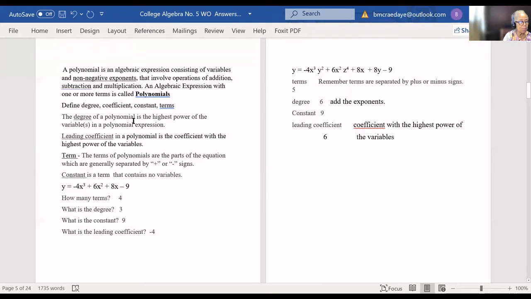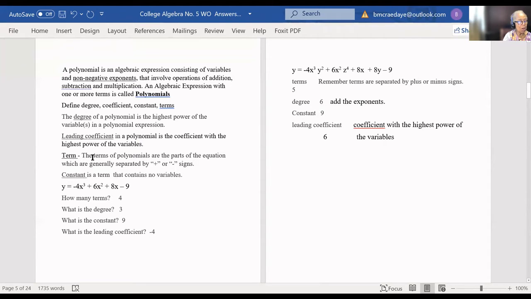Okay, what is the degree of a polynomial? The highest power of the variable in a polynomial expression. We'll look at some examples. What is the leading coefficient? In the polynomial, it's the coefficient that has the highest power of the variable. That coefficient would be the leading coefficient.